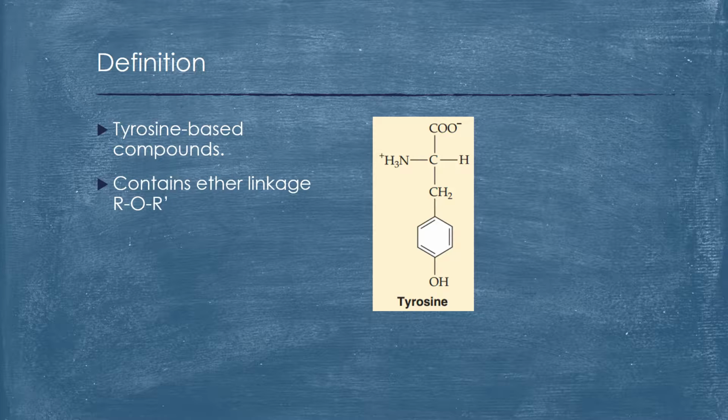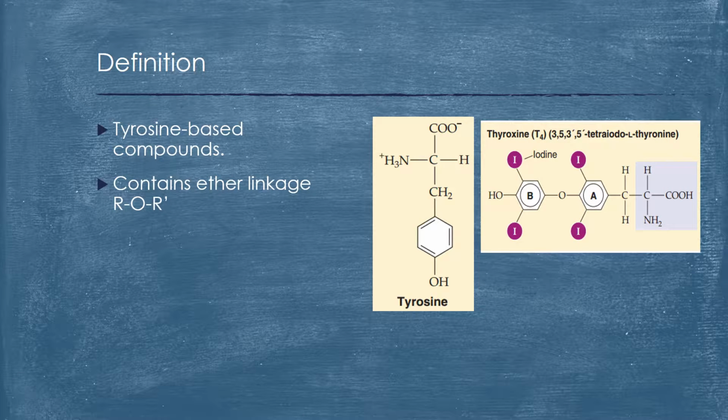Here we have thyroxine or thyroid hormone. We have an ether linkage here between two tyrosines. So this is a tyrosine and another one, and we will form ether linkages between those two. And of course, this is iodinated.